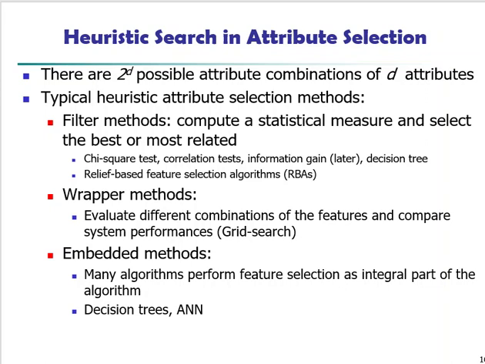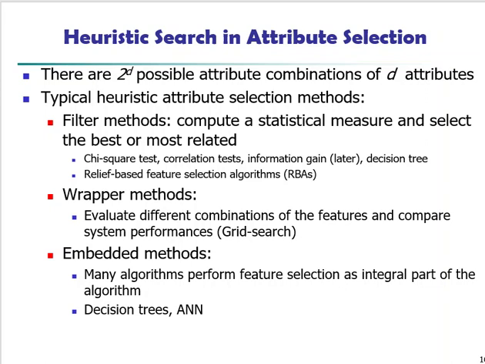In this method, we identify a statistical measure and try to score each of the attributes using this statistical measure and decide which attributes should be kept. Such examples include using chi-square test to see which variables have correlation.